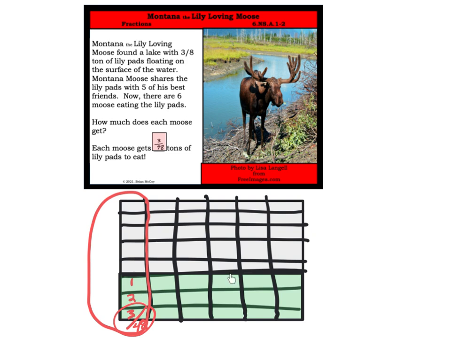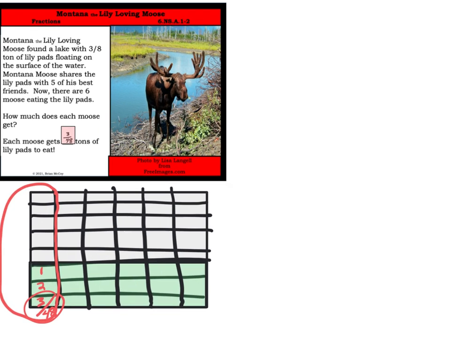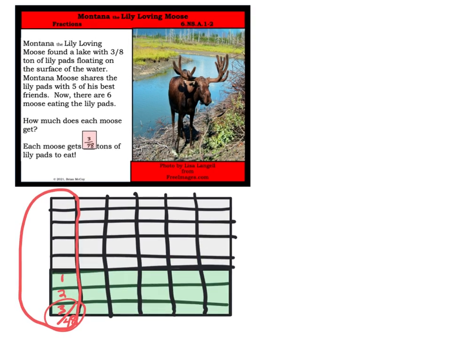This is the mathematical model that shows that. Let's go ahead and look at the algorithm, and we'll do that right over here. Montana Moose found 3/8 tons of lily pads, and he's going to divide that amongst 5 of his best friends.